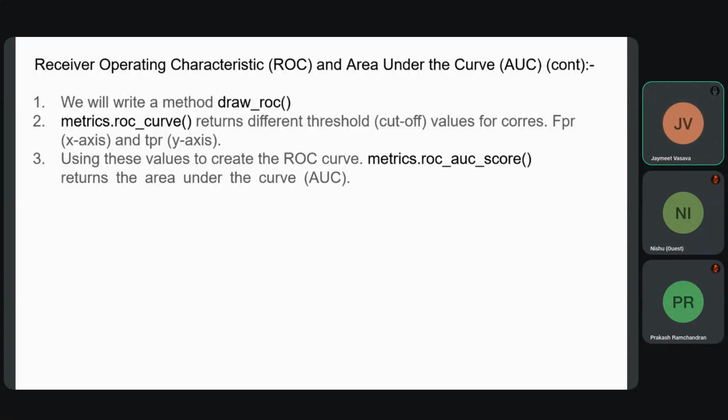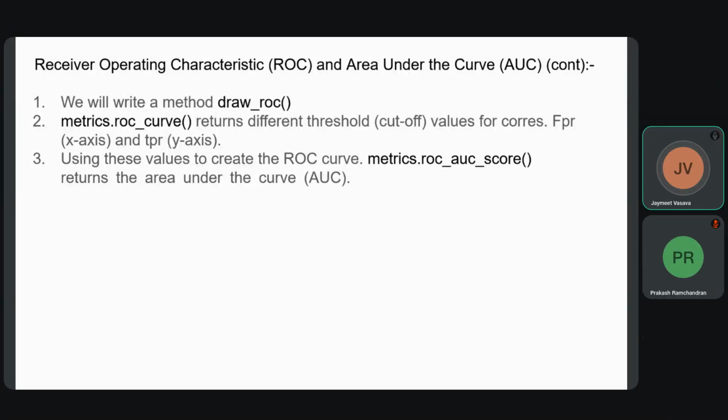So when working with ROC and AUC, first we'll be creating a function called draw ROC. Then using the metrics.roc_curve, which will return the different threshold or cutoff values for the corresponding FPR, the false positive rate, on the x-axis, and the TPR, which is true positive rate, on the y-axis.